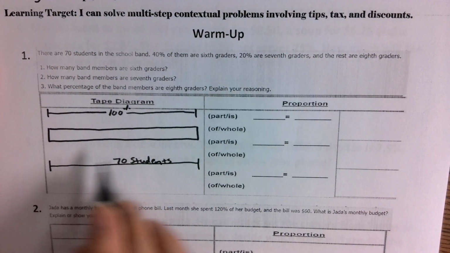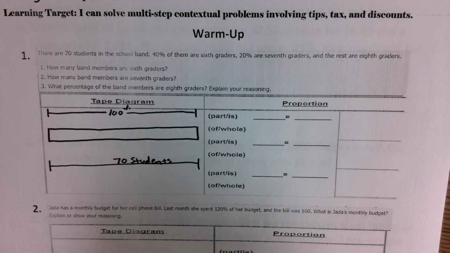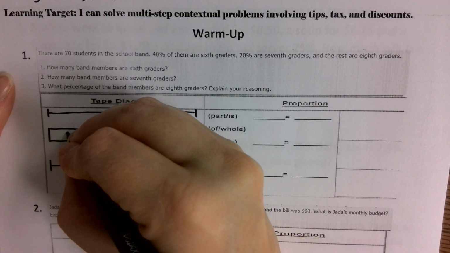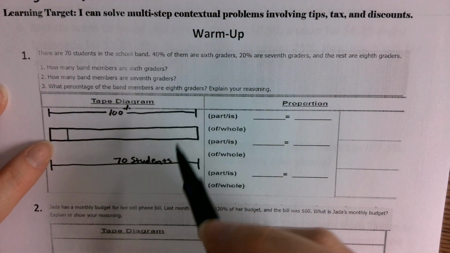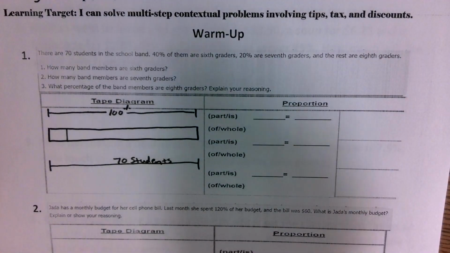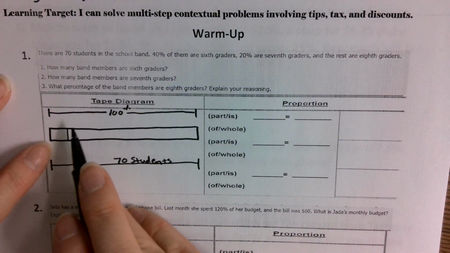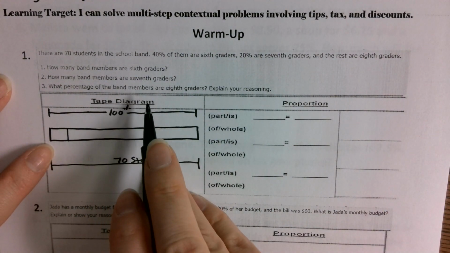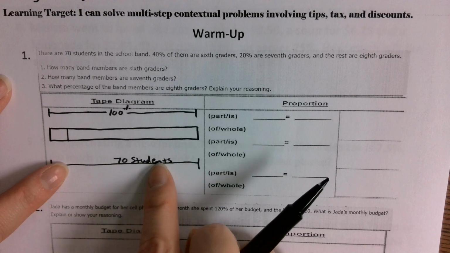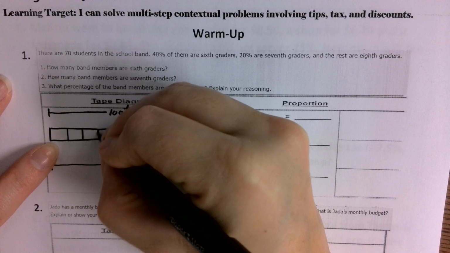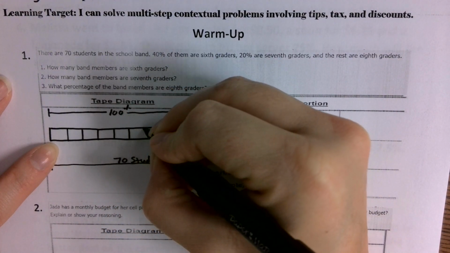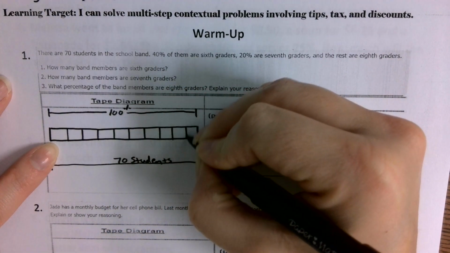I'm going to go ahead and split this up nice and equally into 10 boxes. If I do 10 boxes, each box is 10%, and that means each box is 7 students. It splits up nicely, so 2, 3, 4, 5, 6, 7, 8, 9, 10.